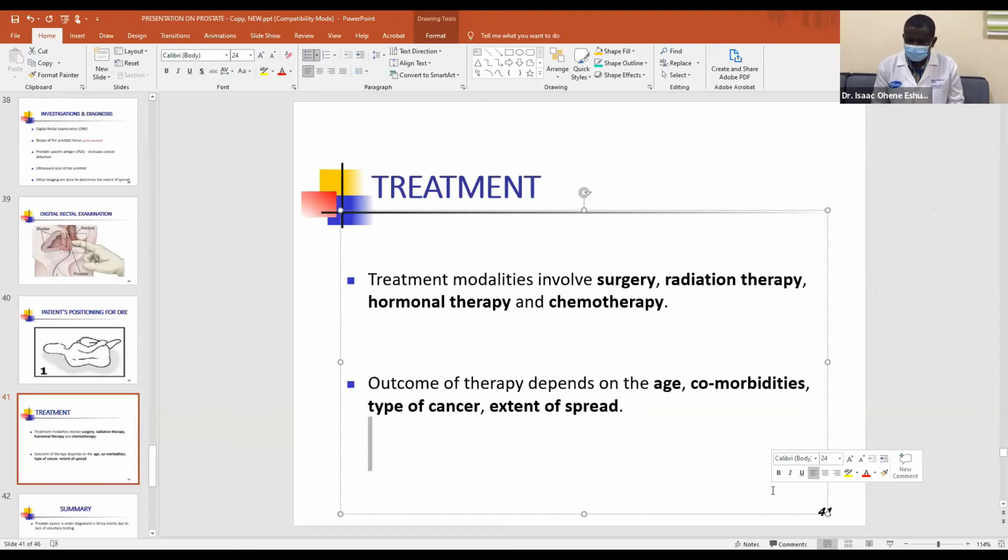Once it's cancer, it has to be removed, provided it hasn't spread extensively, in which case removing it sometimes will give no benefit to the patient. It's worthy to note that the 5-year life expectancy, or prognosis, for prostate cancer is very high.